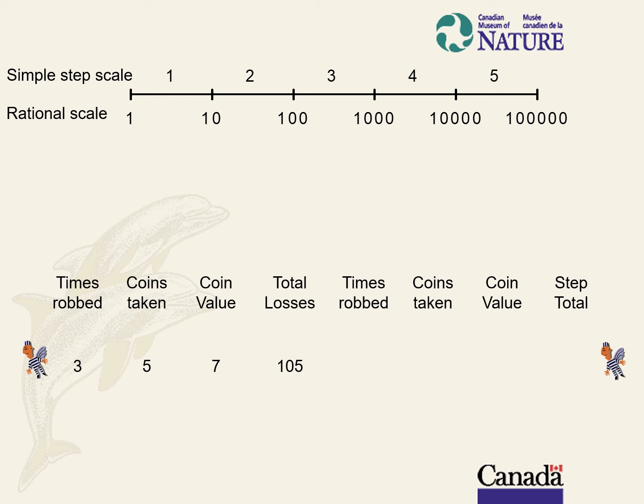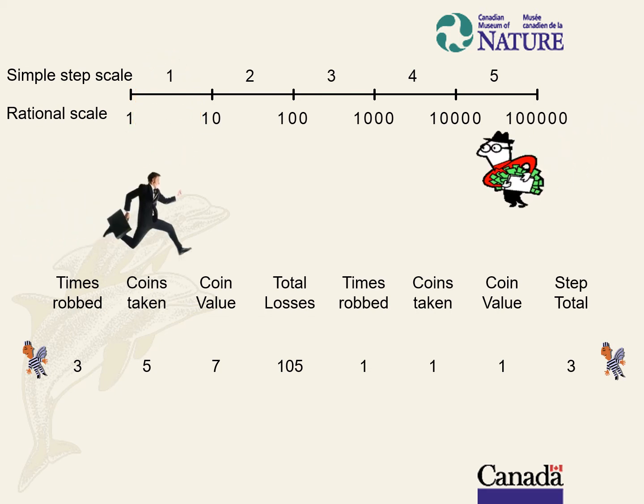Using numbers the old-fashioned way, we could calculate 3 times 5 times 7. He's going to lose 105 denarii. On a simple step scale, 3, 5, and 7 would all correspond to a 1. So we'd score 1 plus 1 plus 1 equals 3.